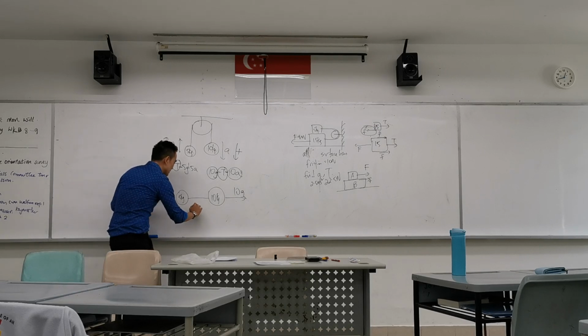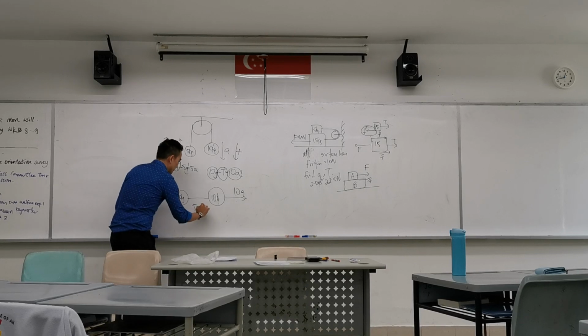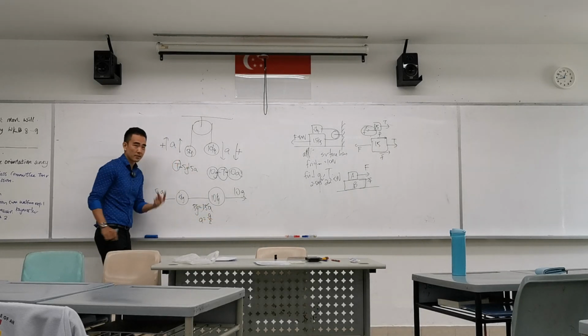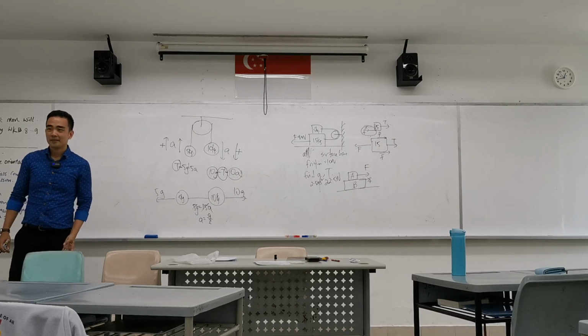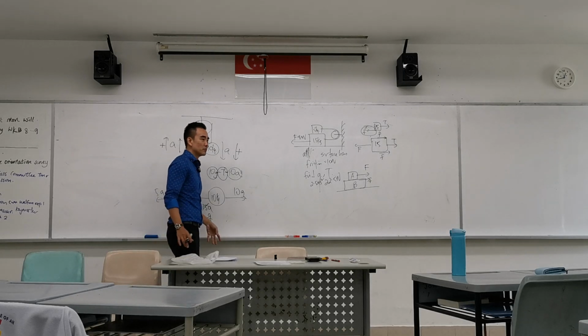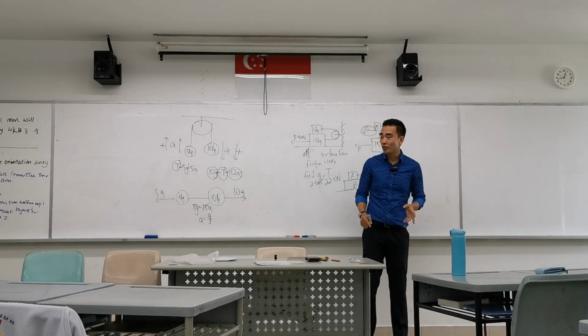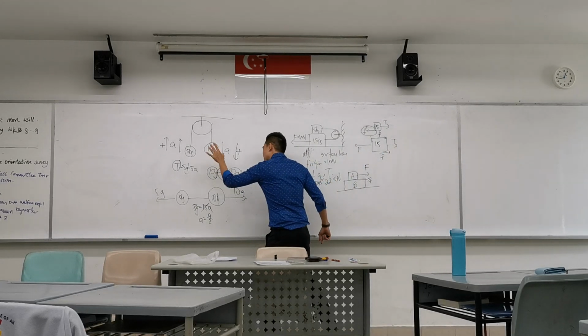So 5g force accelerates a total mass of 15, correct. So a equals g over 3. 2 steps, you can get the answer already. But like what I said, you cannot find tension in this method because the two tensions cancel out. So you cannot find the answer. You have to consider either this mass or that mass.